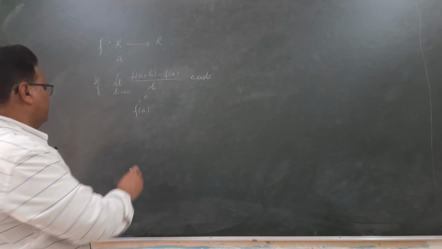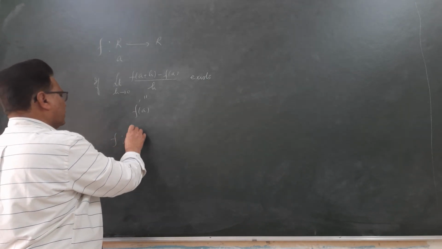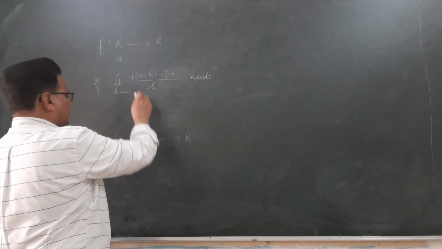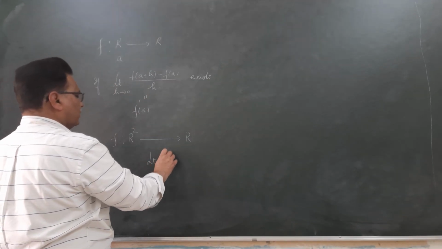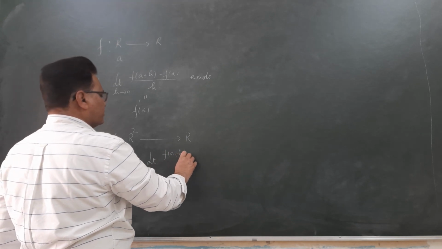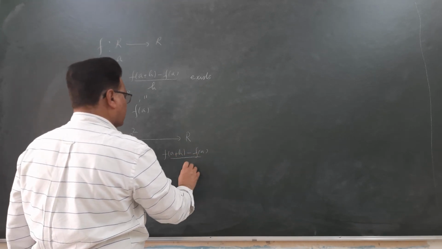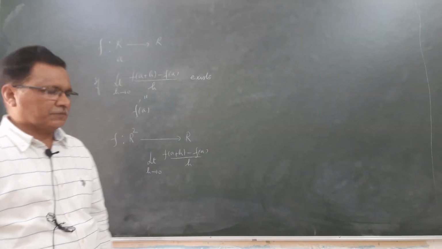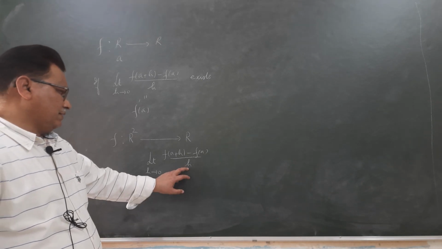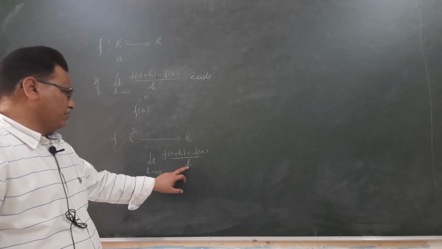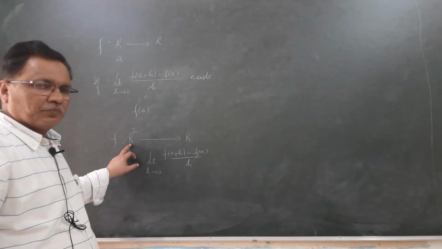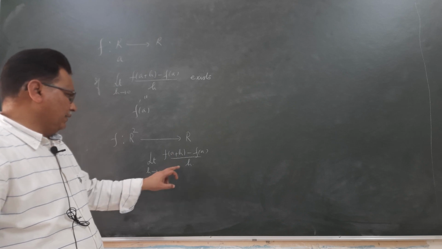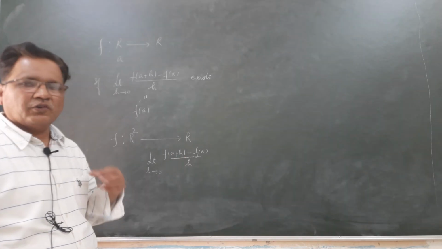Because if you consider a function from say R2 to R, or some region of R2 to R, and you apply the same definition and think of the limit of this quotient f of a plus h minus f of a upon h as h tends to 0, this will not make any sense, because in this case this h is no more a scalar, it's a point of R2, and that means it's a vector quantity, and dividing by a vector quantity will not make sense.